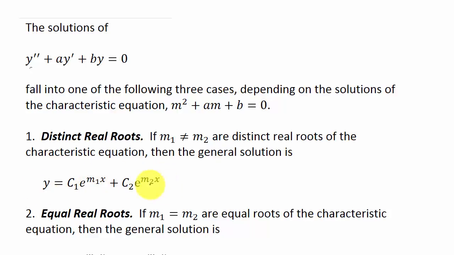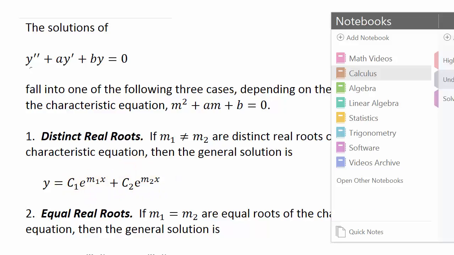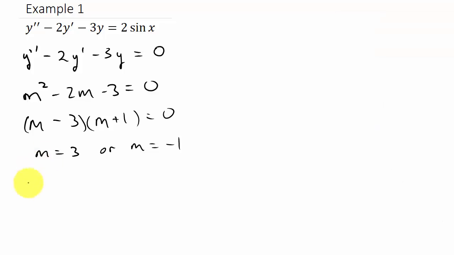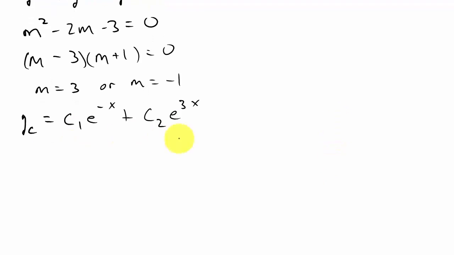So this would be our solution y sub c: y sub c is equal to c1 e to the negative x plus c2 e to the 3x.